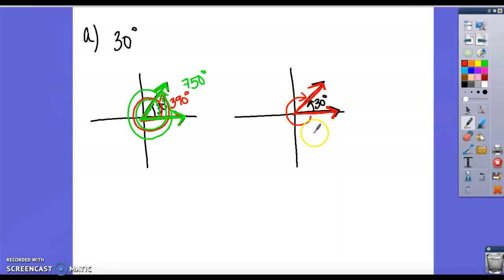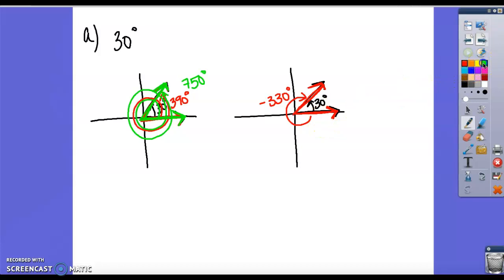This time I would say 30 minus 360. I'm not going a full 360, I'm stopping 30 degrees shy of making a full circle, so this would be negative 330 degrees.